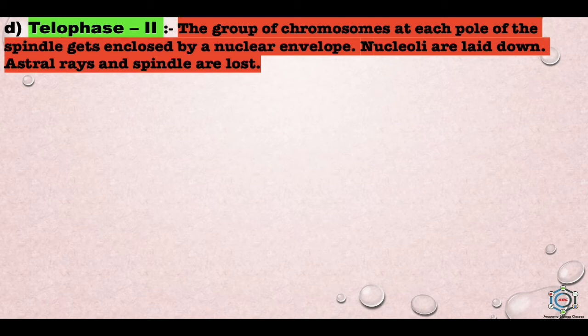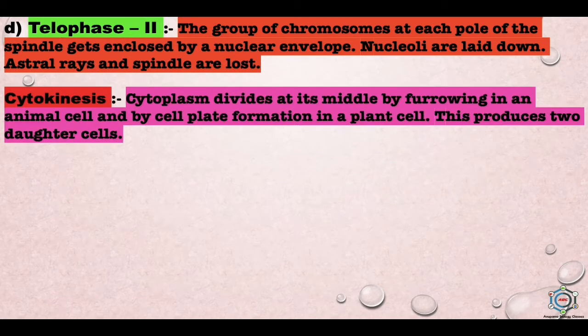Nucleoli are laid down, asters and spindle are lost. After the telophase, cytokinesis occurs. Cytoplasm divides at its middle by furrowing in an animal cell and by cell plate formation in a plant cell. This produces two daughter cells. Here, the two daughter cells have half the number of chromosomes and half the amount of nuclear DNA.